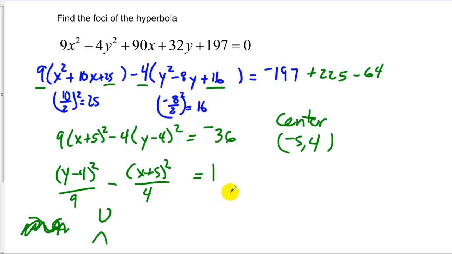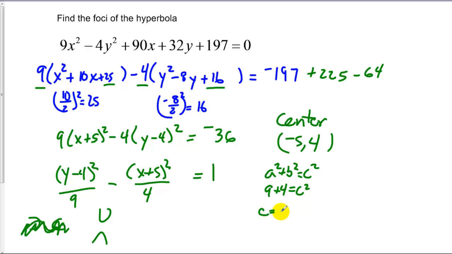I need to find my foci, which means I need to take my a term, which is 3, and my b term, which is 2, and use the relationship a squared plus b squared equals c squared, giving me 9 plus 4 equals c squared.